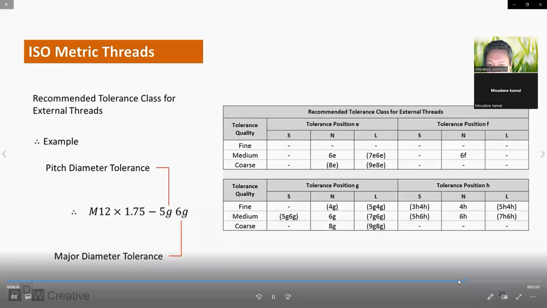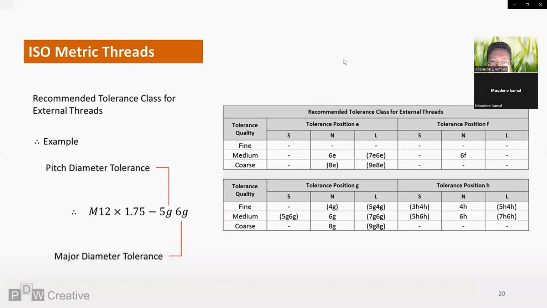The class depends on whether short, normal, or long thread engagement is selected. They also depend on whether fine, medium, or coarse pitches are selected. The external thread description tolerance is for the pitch and major diameters. Tolerance positions E, F, G, and H are preferred for external threads.